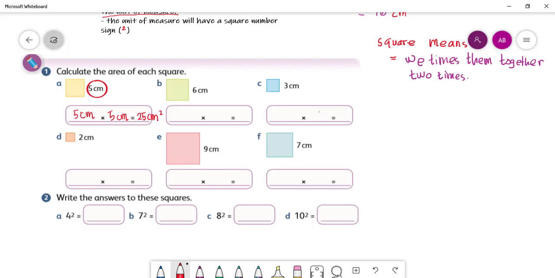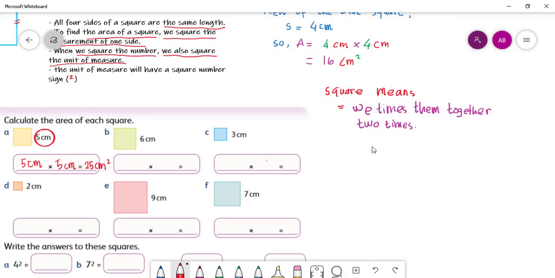Okay, how about number 2, teacher Via? Let's see, write the answer of the squares. You can see this one, as teacher Via said before. I will go back to this one. Square means we multiply them together 2 times. So when you find one number, I will put this as a letter, because it's kind of the formula. When you see a number that is squared, you multiply them together.